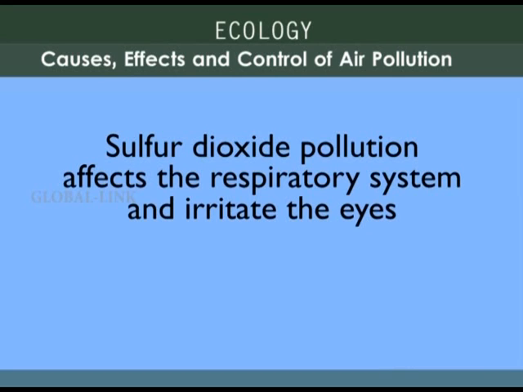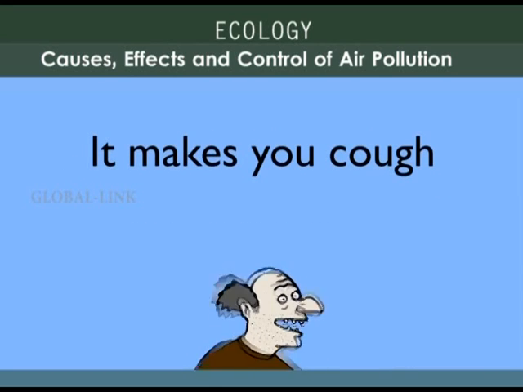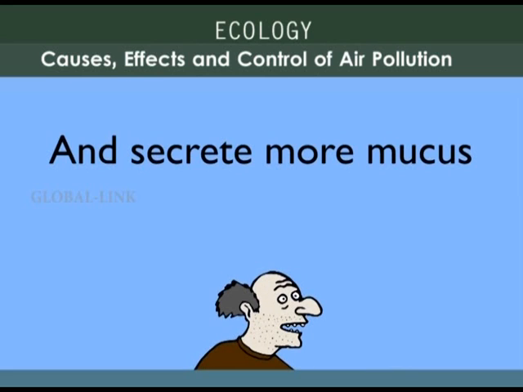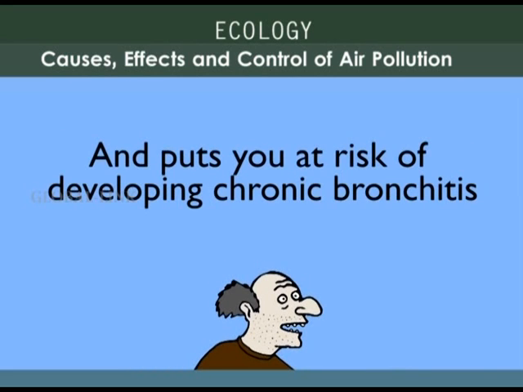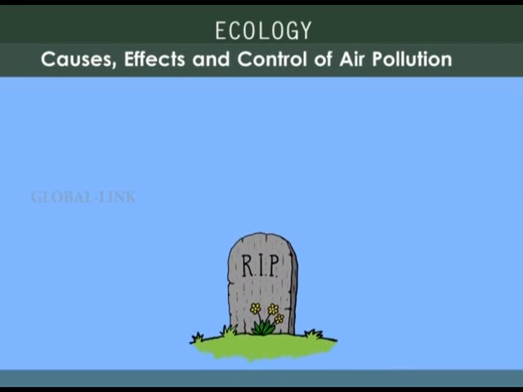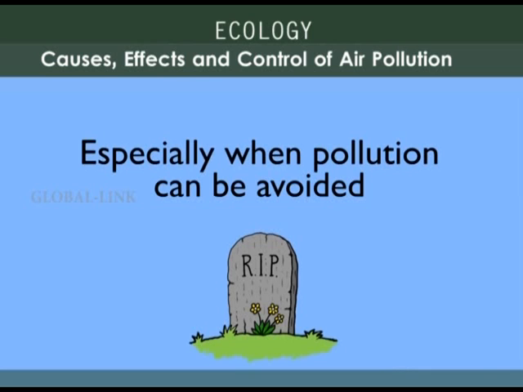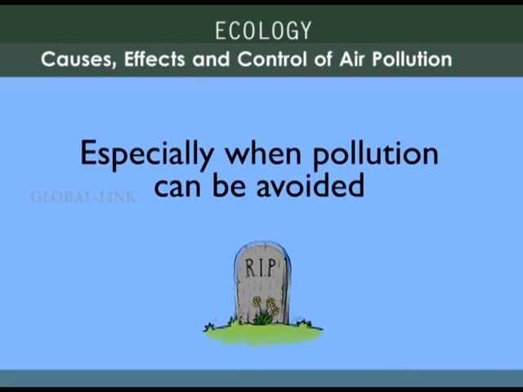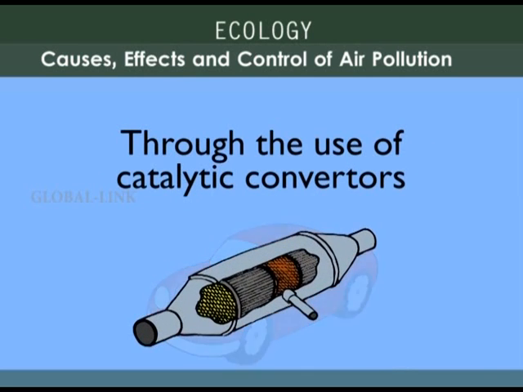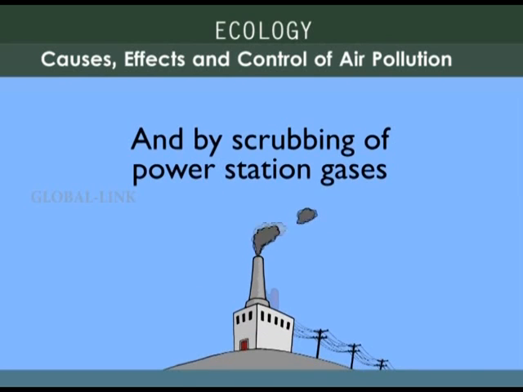If you inhale them, you are likely to develop a cough, secrete more mucus, and be at a higher risk of developing chronic bronchitis. In summary, all these are causing unnecessary deaths, especially where the emission of these pollutants can be avoided, like the use of catalytic converters in cars and scrubbing of power station gases.